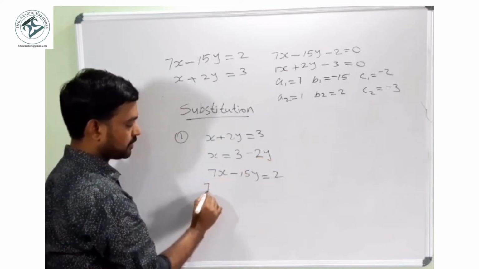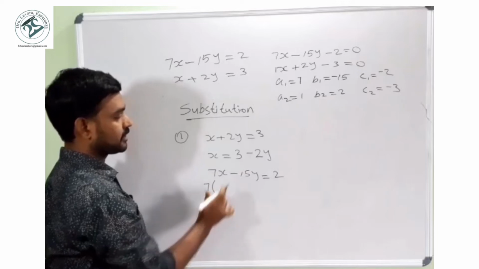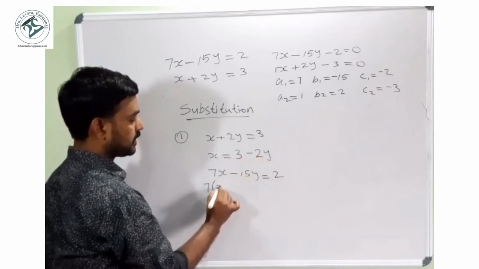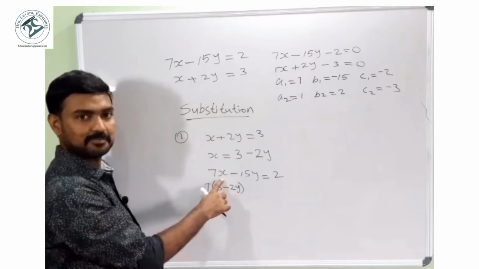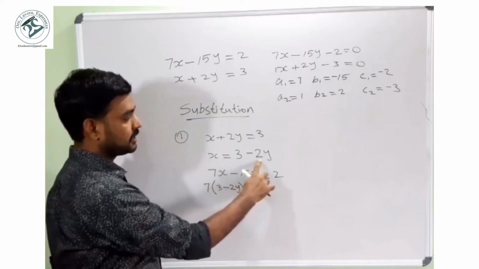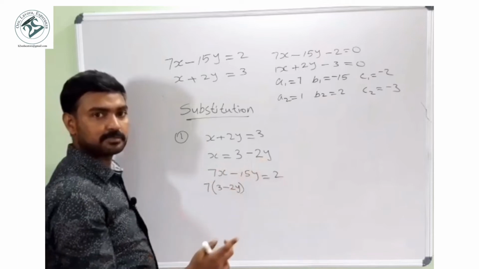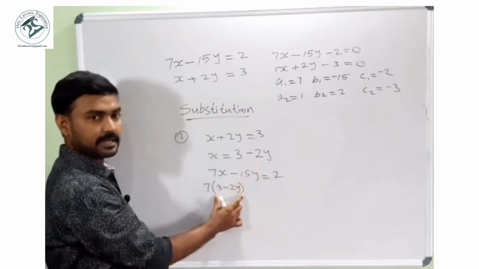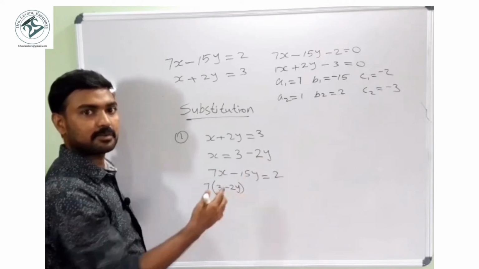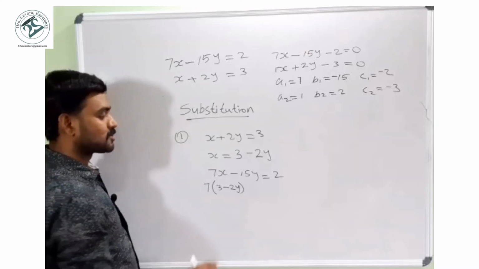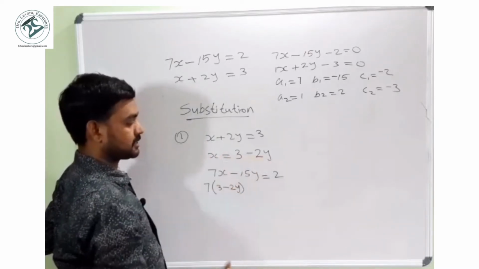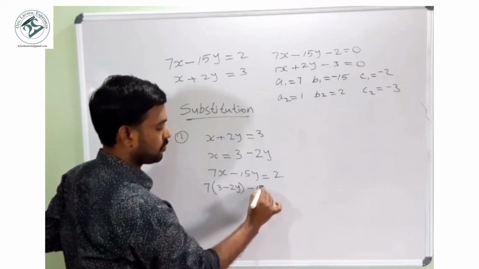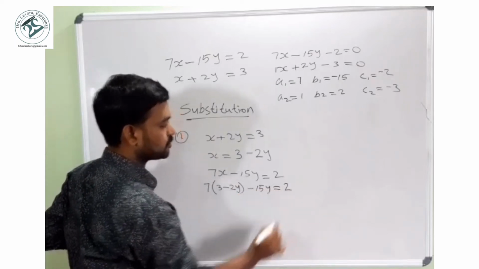So this equation becomes 7 into, instead of x, we are going to write 3 minus 2y. x is a single term, but the answer is an expression with two terms. In such cases we want to use the bracket. Don't forget it, otherwise simple mistakes will come. So instead of x we put 3 minus 2y, the answer of x, minus 15y is equal to 2.